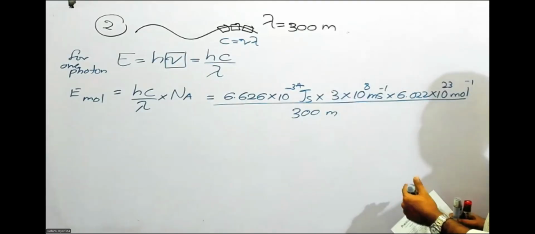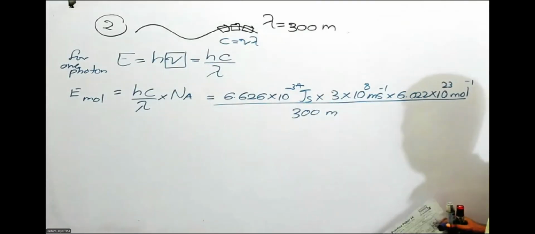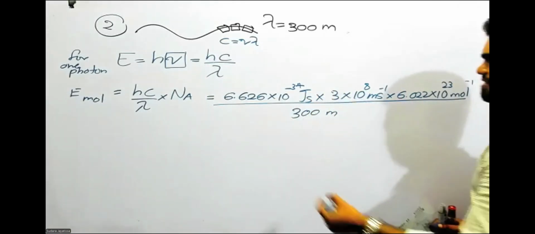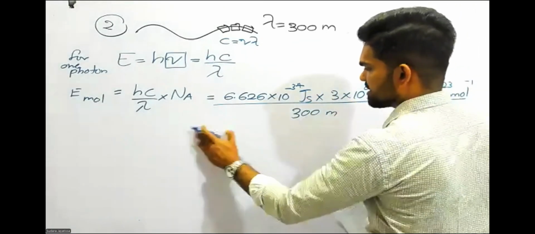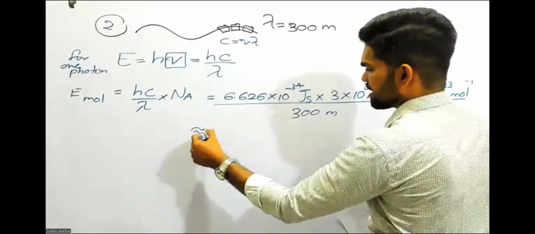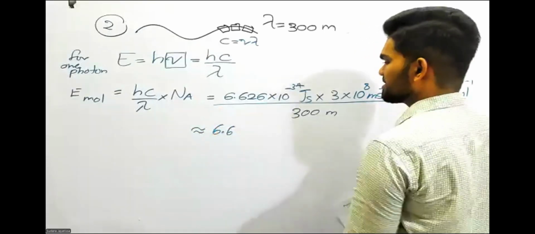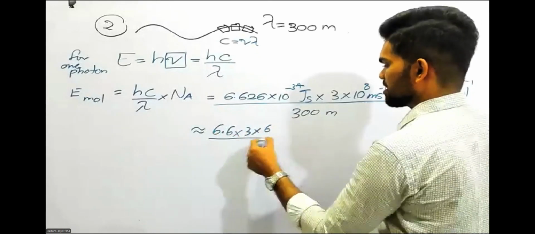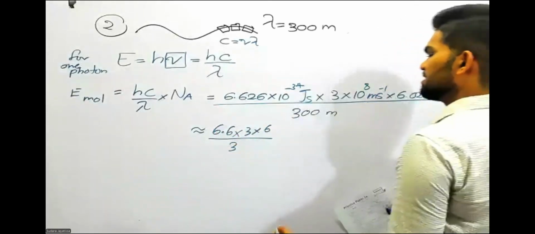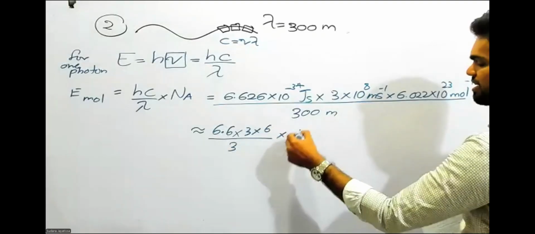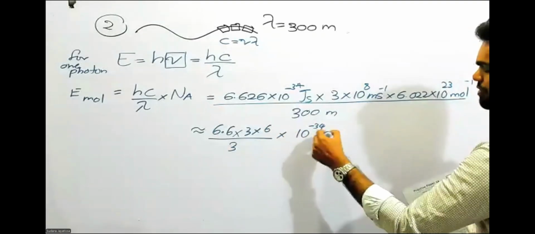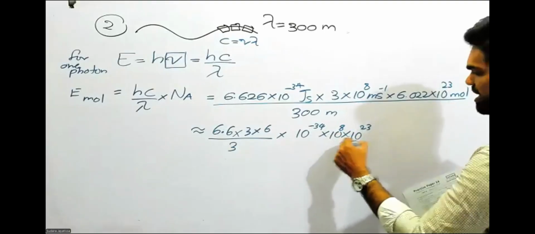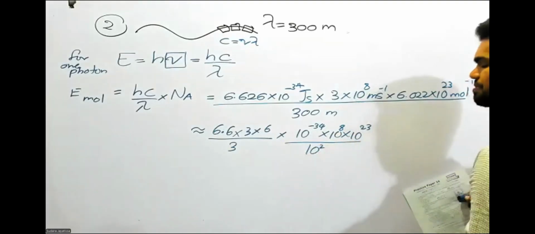Right, so now let's try to find out the answer. Now you can see here the 3 and others are cancelling. So I'm going to get the numbers separately. Let's say take 6.6 into 3 into 6 divided by 3. And here the powers of 10 are minus 34, 10 to the power 8, 10 to the power 23, and here you have 10 to the power 2.